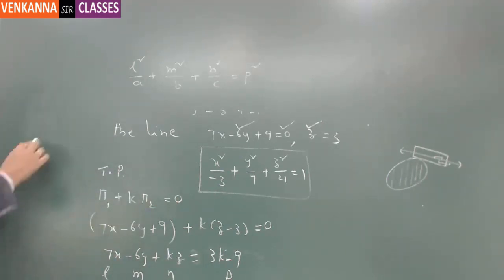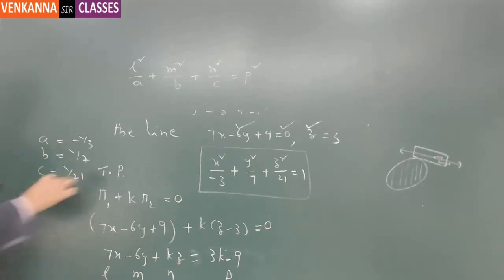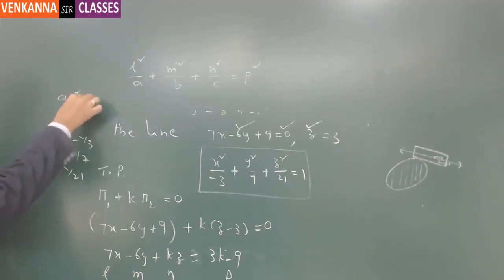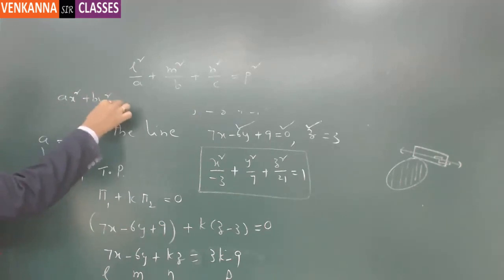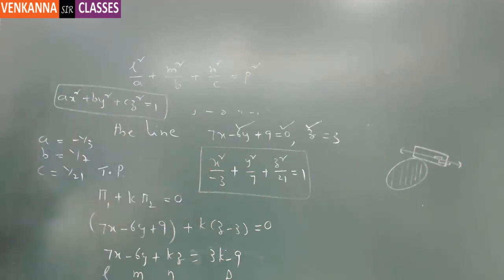A, B, C values are taken here. So here A is equal to minus 1 by 3, B is equal to 1 by 7, C is equal to 1 by 21. Because we treat that in the form ax square plus by square plus cz square equal to 1, the standard form of the conicoid.